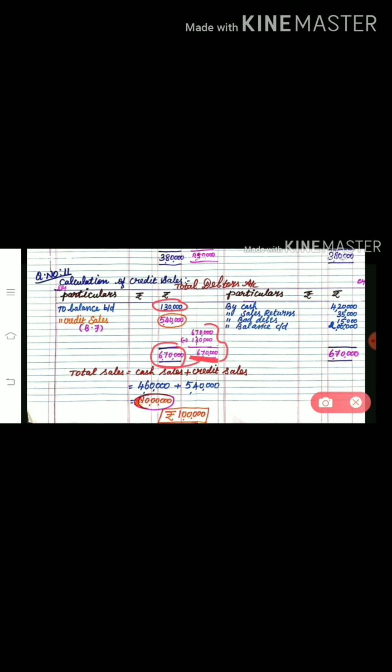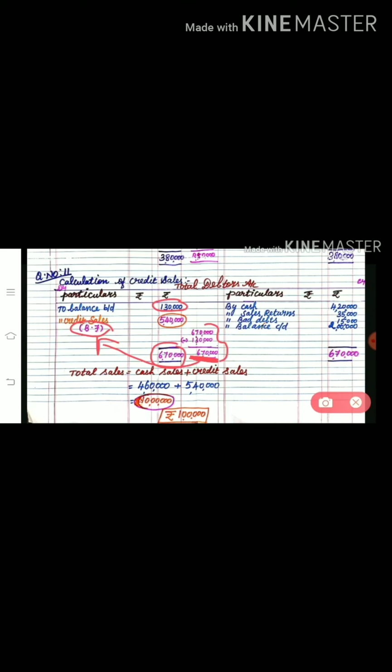So B.F. What do you mean by B.F.? Balancing figure. What is the question? Find out the total sales. Cash sales value is already given in the question, but the credit sales value is not given. So you have to find out the credit sales value first. Then apply the formula. What is the formula of total sales?